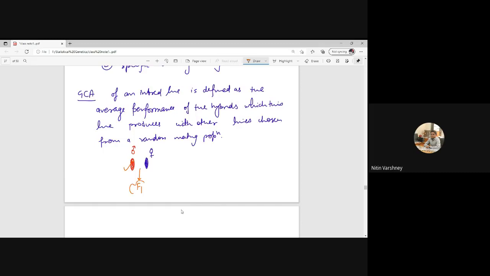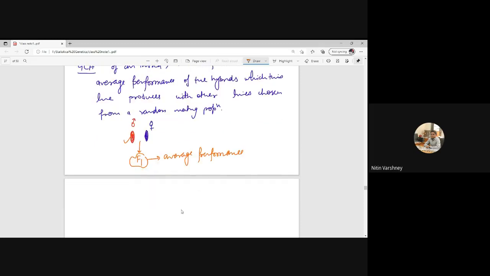What we check is the average performance of this F1 hybrid. And this F1 hybrid is produced by the line which we are taking, with other lines chosen from the random mating population. So this is known as general combining ability.